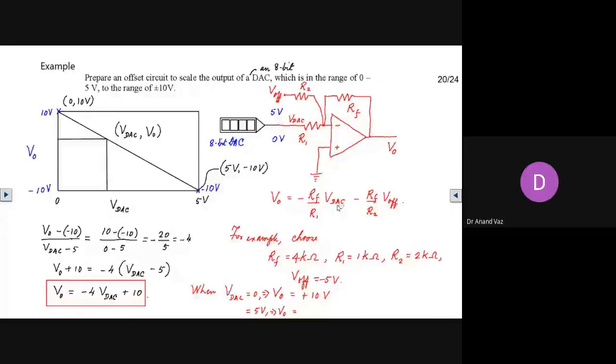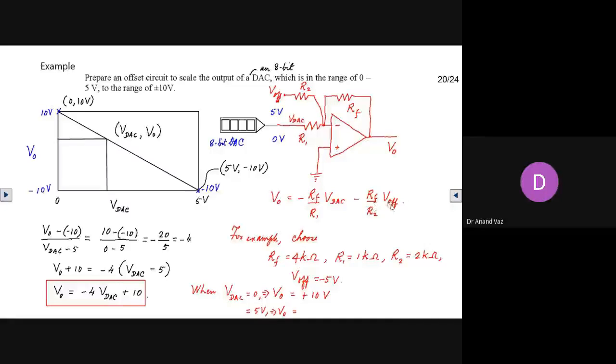If you make this as 5 volts, this will be minus 4 divided by 1, minus 20, and here you have plus, this is going to be 4 divided by 2, that is 2 into your offset, which is minus 5.